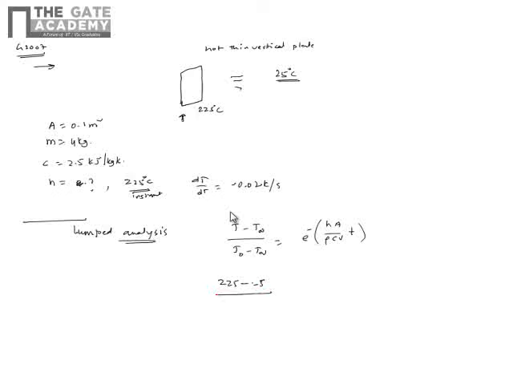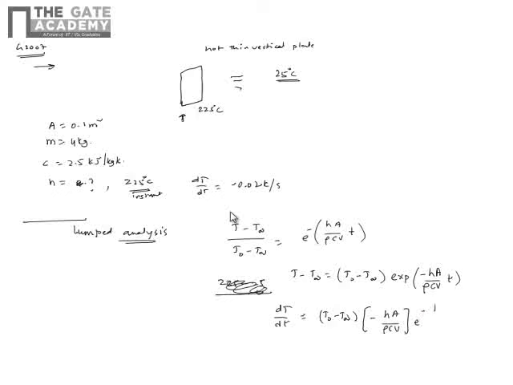This is the basic equation. Let me simplify it because the rate of fall of the temperature is given. So it is exponential of minus hA by rho Cv t. If I differentiate this, dT by dt, I'll get T naught minus T infinity times exponential of minus hA by rho Cv t, times minus hA by rho Cv.